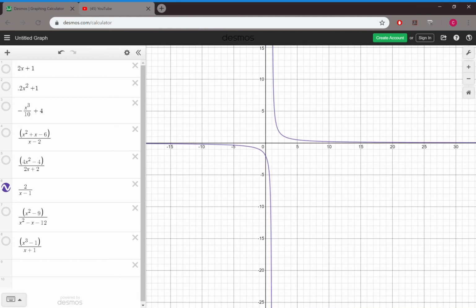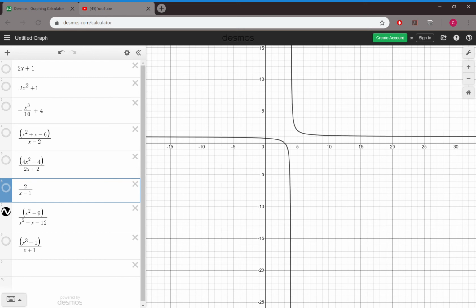So now let's look at our second function. Remember, our second function was x squared minus 9 divided by x squared minus x minus 12. We said that there was a vertical asymptote at x equals 4 because that makes the denominator 0. So let's go ahead and graph that. And look at this, again the same thing is happening.